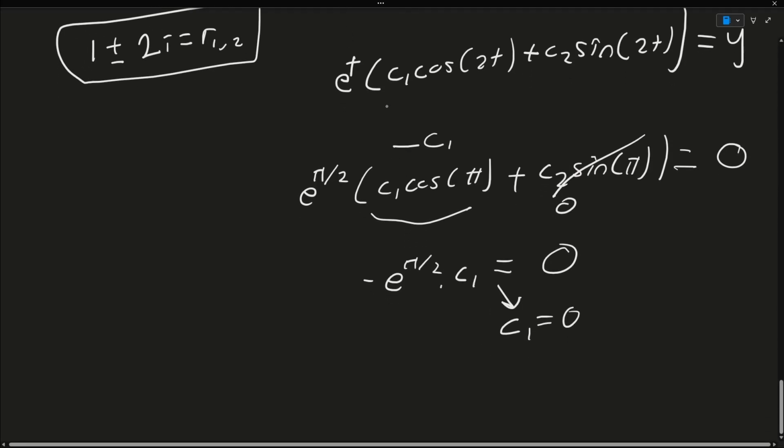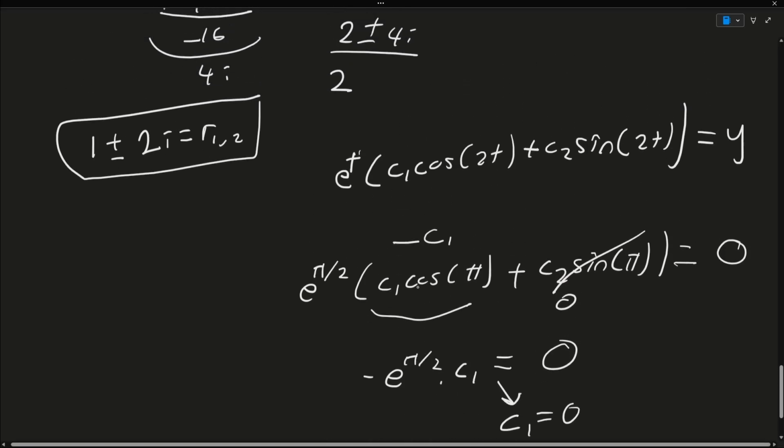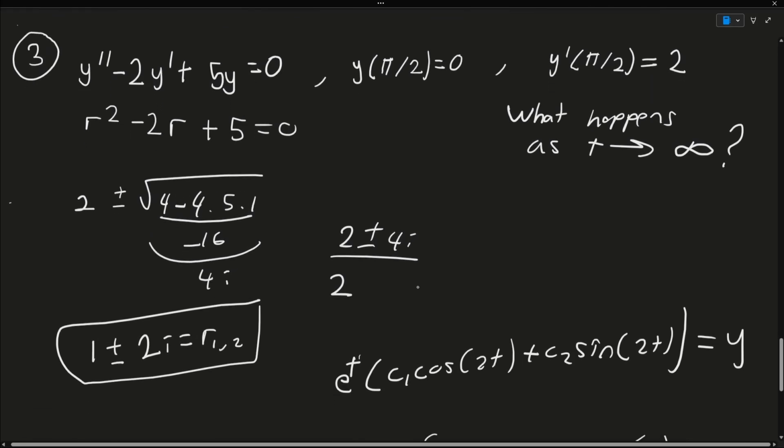Since c1 is equal to 0, our solution can be updated to y equals c2 e to the t sine of 2t. I just moved this e to the t inside, and since c1 is 0, we can ignore this term.